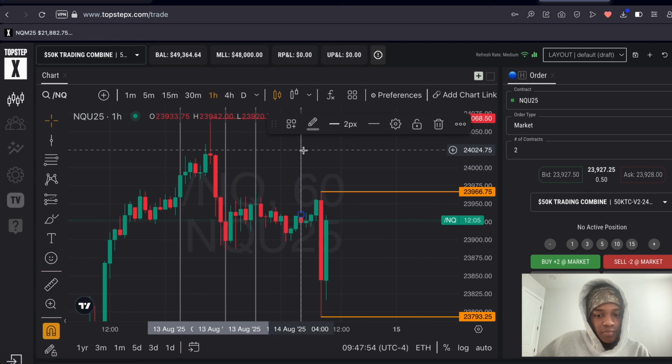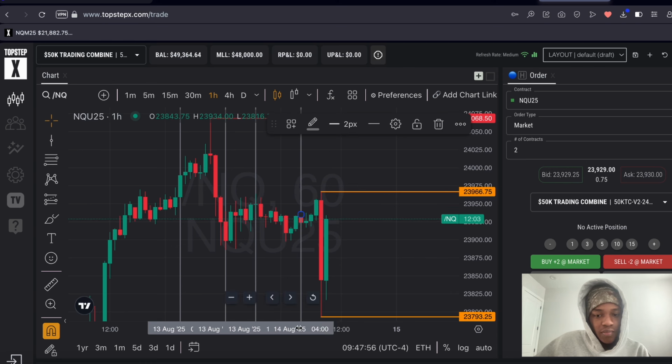Then the highest point with the high. There's a low right here. So this is London session low, but it kind of already got swept, so that's dead. But London session high, highest point was here.